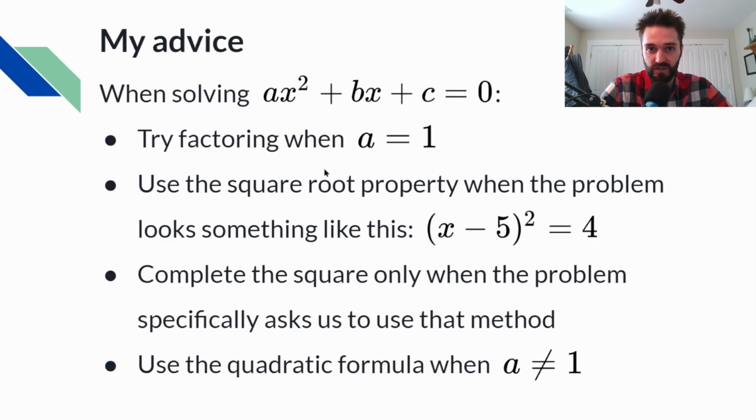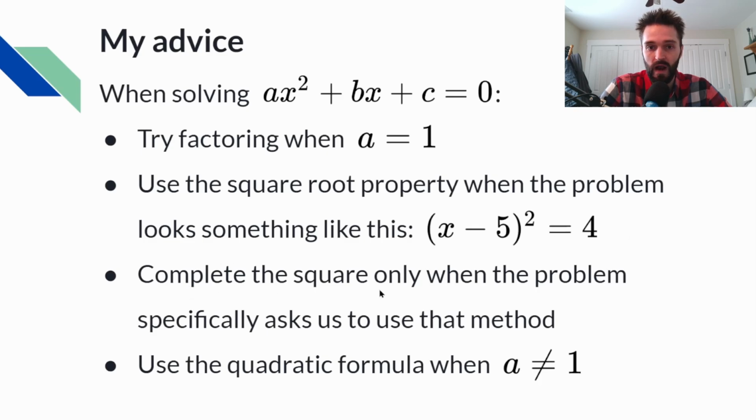And here's my advice when solving quadratic equations. When a equals 1, we need to try factoring, right? We can factor the left-hand side and then use the zero product property. And we want to use the square root property when the problem looks something like this, right? If we have a quadratic equation that looks like this, we can just take the square root of both sides right away and isolate x.